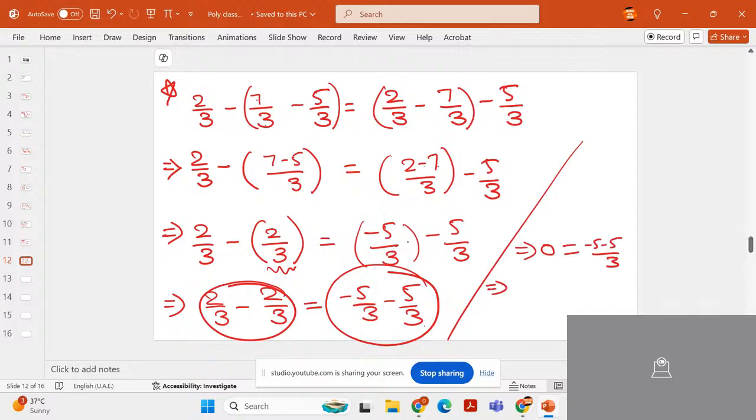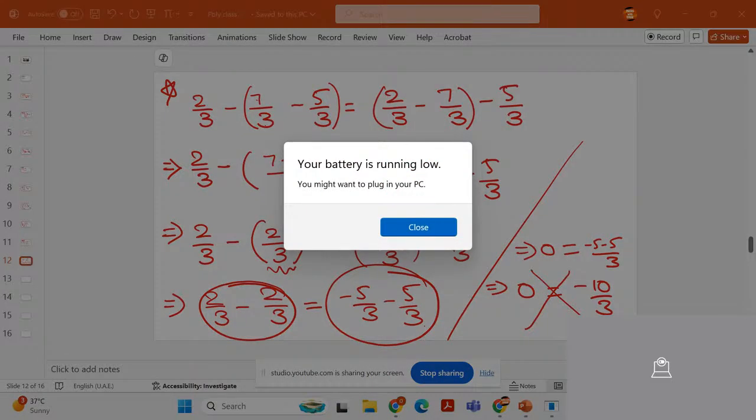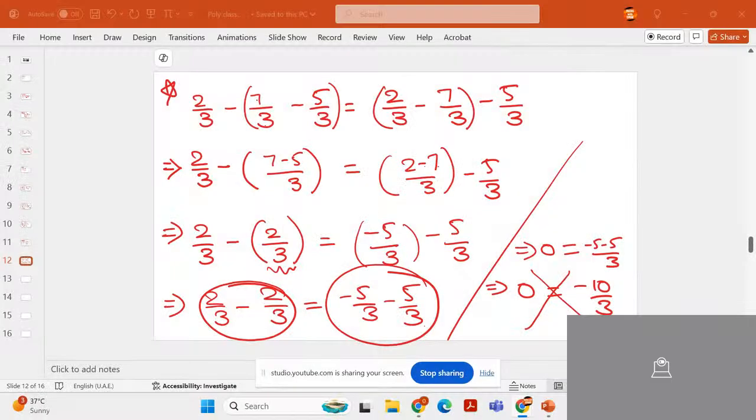So that implies the left hand side you have 0, on the right hand side you have minus 10 by 3. Are they equal? No, sir. 0 and minus 10 by 3 are not equal. So therefore, rational numbers are not associative under subtraction.